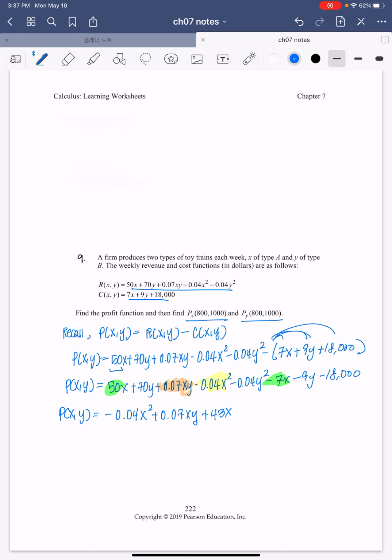Let's combine y's. 70y minus 9y will give me positive 61y. And then minus here 0.04y squared minus 18,000. Okay.